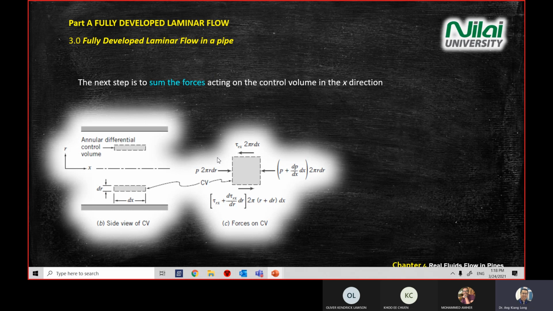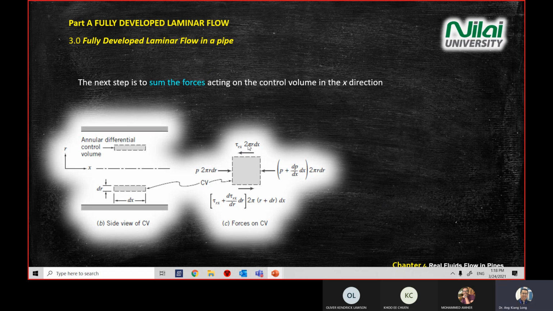And then in the x direction, we also have the shear force. How do we convert the shear stress into a force? You take stress times area to get force. We saw this in the tutorial question just now: when we have a shear stress times area, we get force.